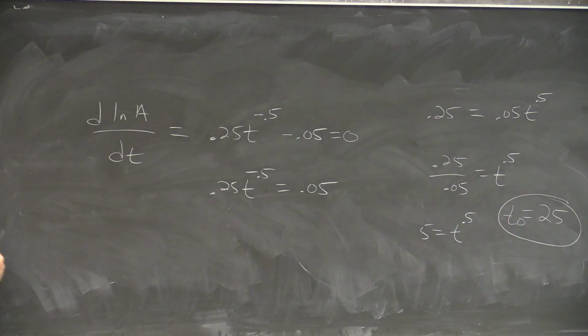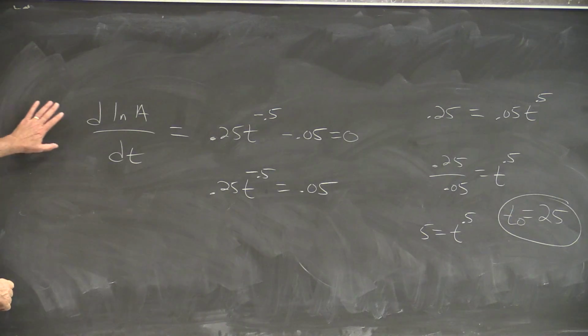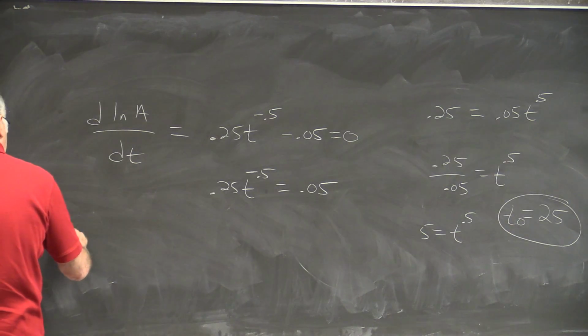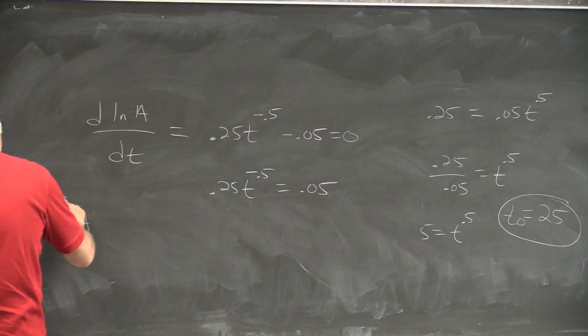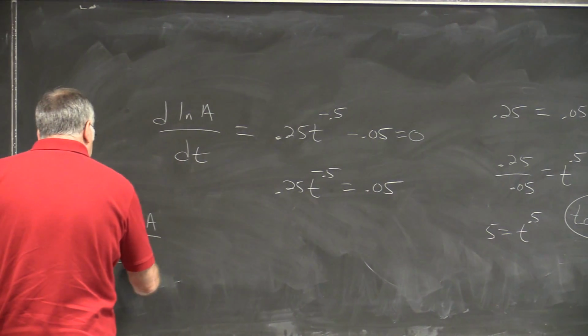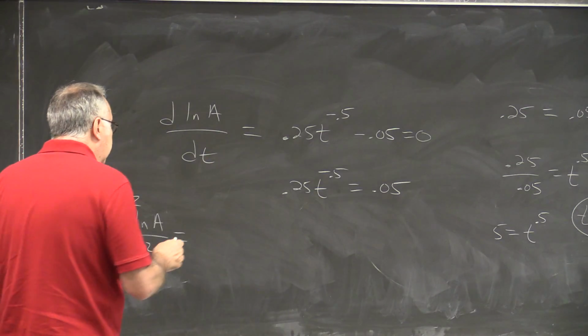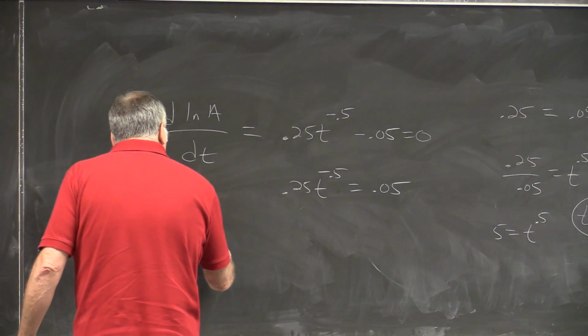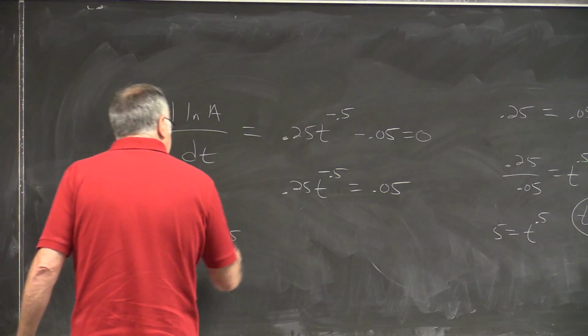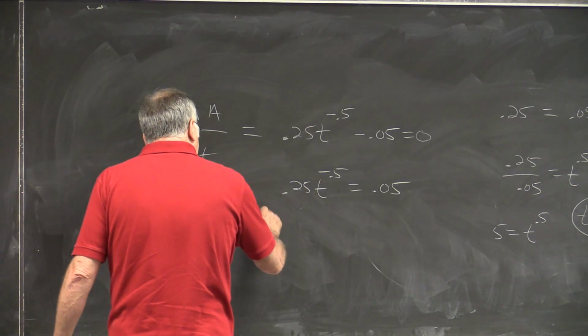Of course, we need to look at the second order condition too to make sure we have a maximum. If you take the second derivative of this, d squared log A over dt squared, notice it's just minus 0.125 t to the minus 1.5.